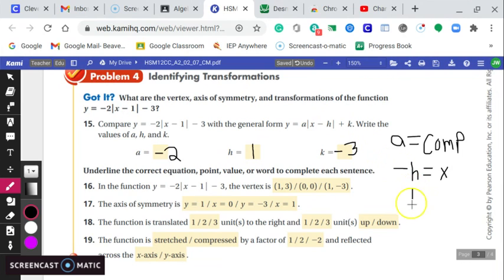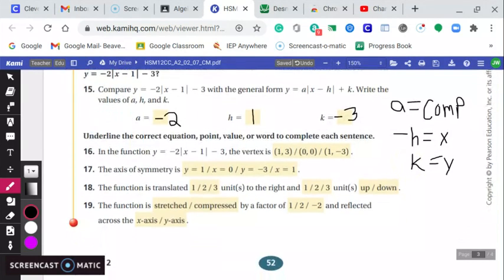So K is going to be your Y. You can remember it's alphabetical. Just like X comes before Y, H comes before K. X, Y, H, K. So now we have to do a couple things down here, 16, 17, 18, 19.